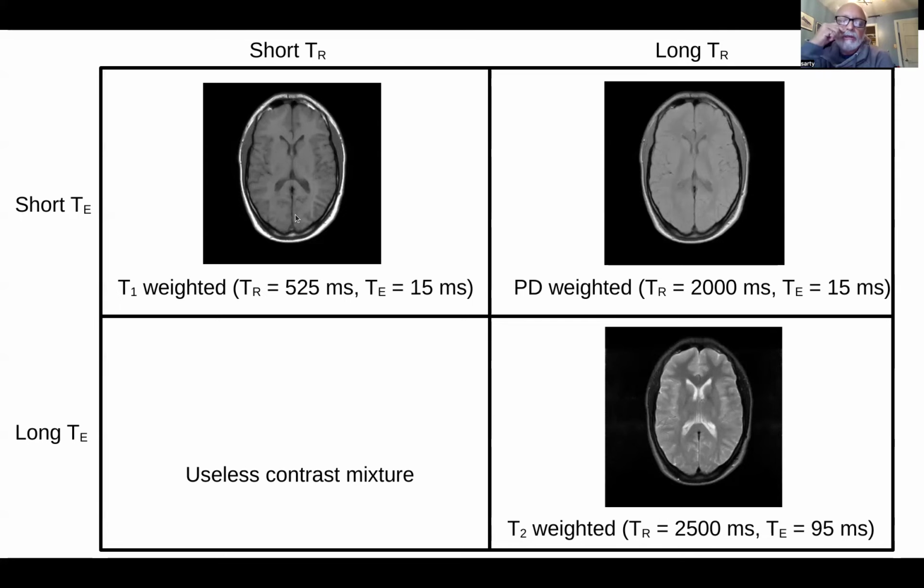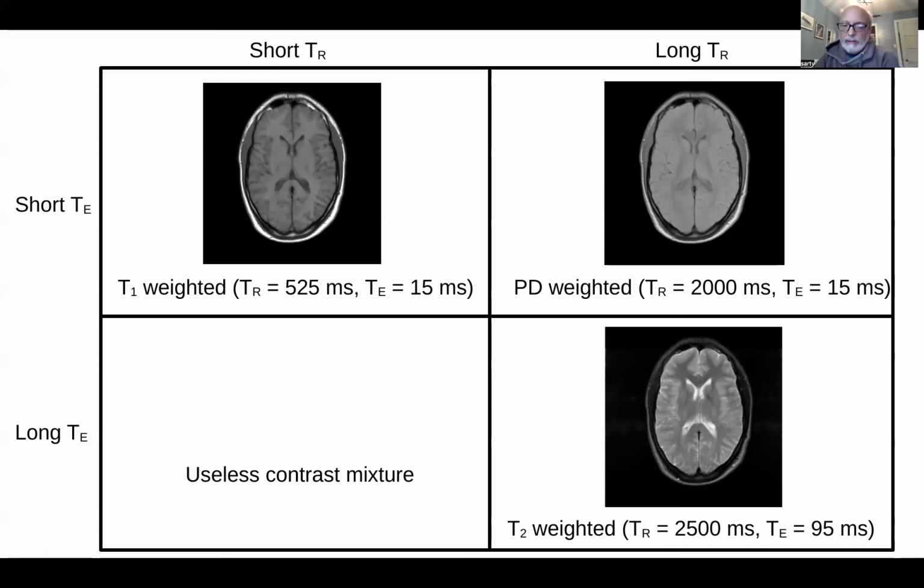In particular, if you have say a cancer tumor, the contrast will affect the T1 relaxation time of that tumor, and it will show up bright in an MRI image because it'll make the T1 time a lot longer. Does that make sense? Yeah. Thank you. Okay.